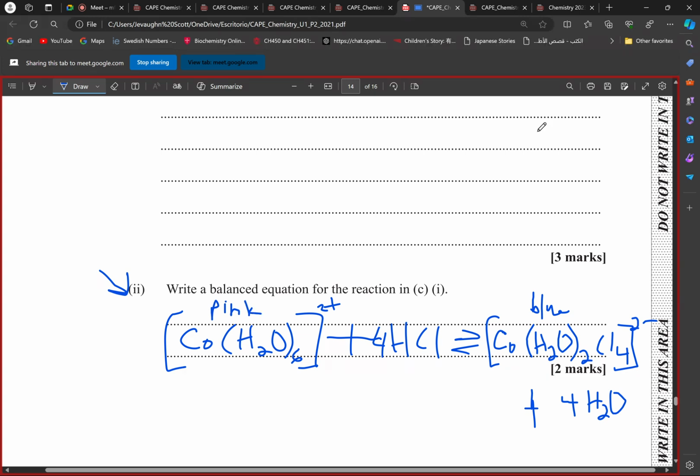Sir, is that a 2 minus charge? Here's a 2 minus charge. So when we have an anionic ligand here, we end up calling it cobaltate. That is it. Firstly, you're going to have the first set of ligand exchange.